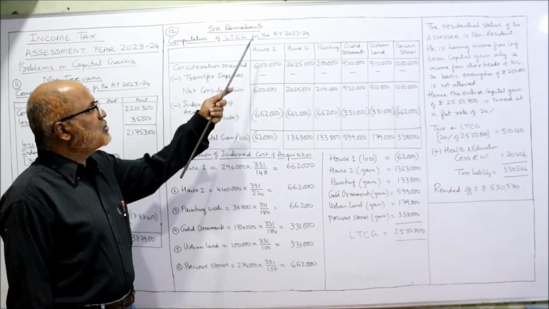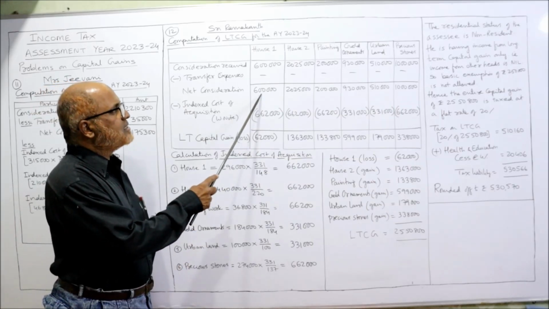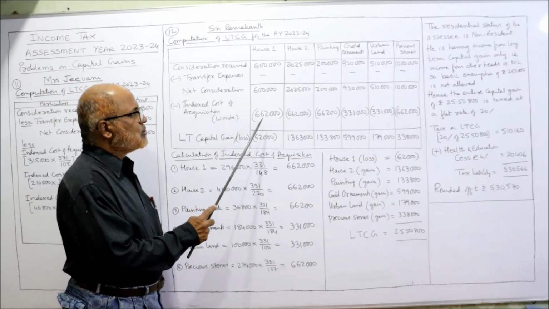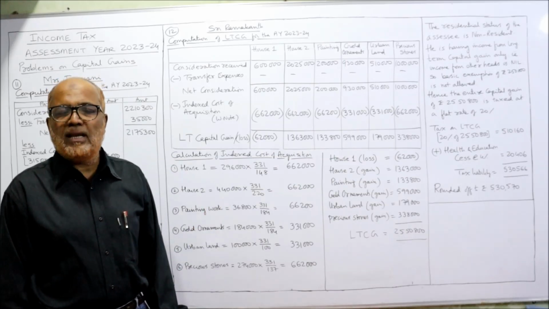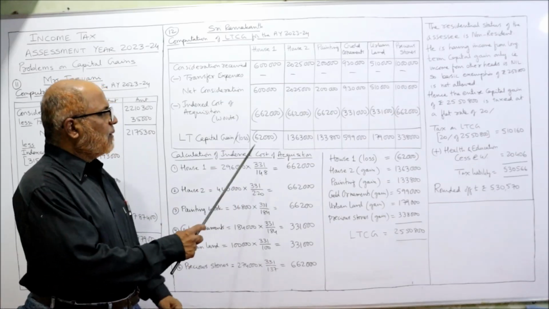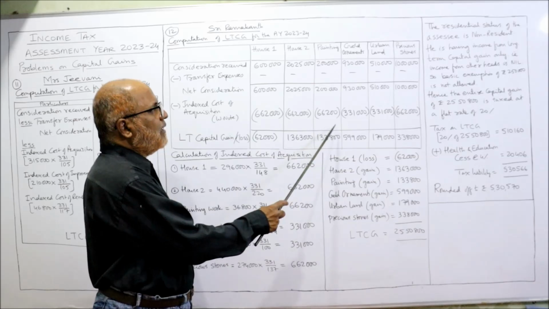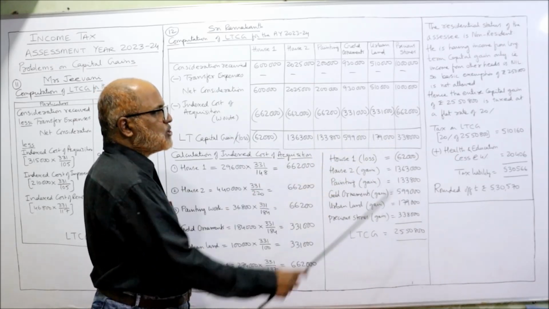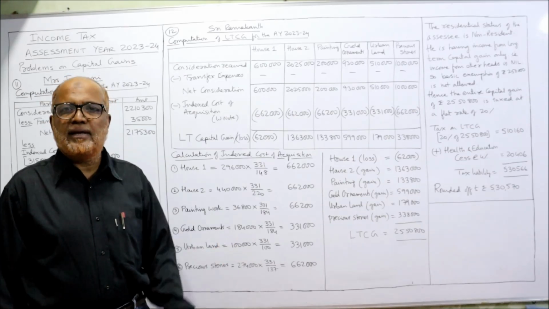For house number 1, there is a loss, because net consideration is 6 lakh and indexed cost of acquisition is 6,62,000. So 62,000 negative, so this is a long-term capital loss. Whereas all other assets, house number 2, painting, gold, urban land, precious stones, all these are positive values, so capital gain.